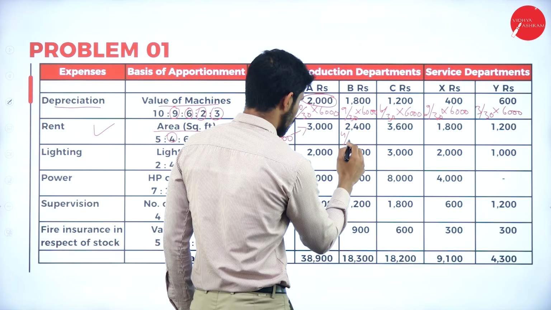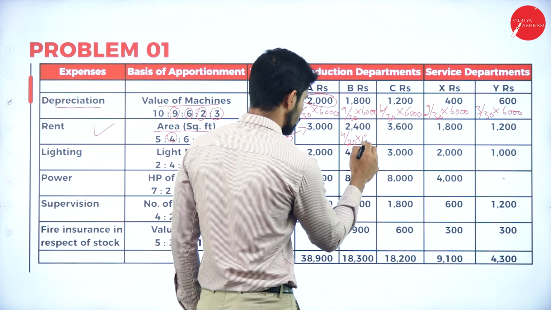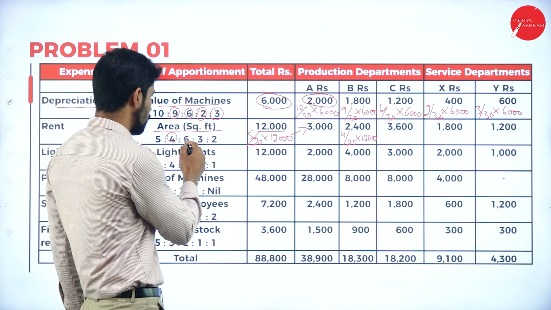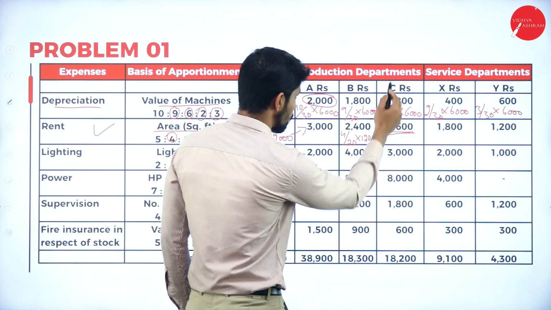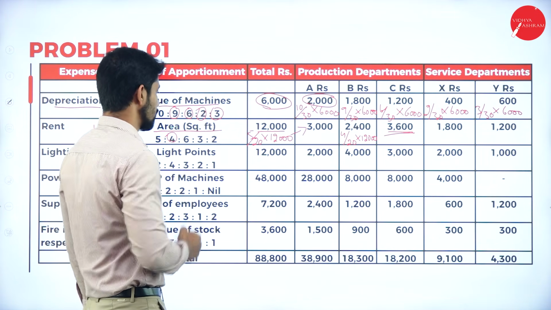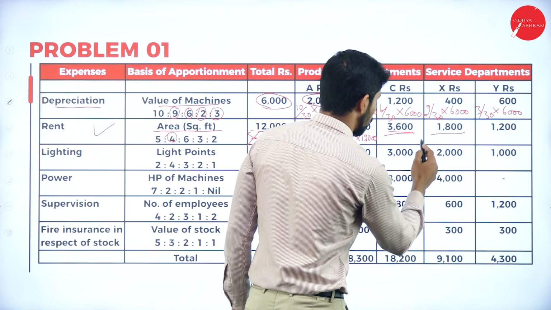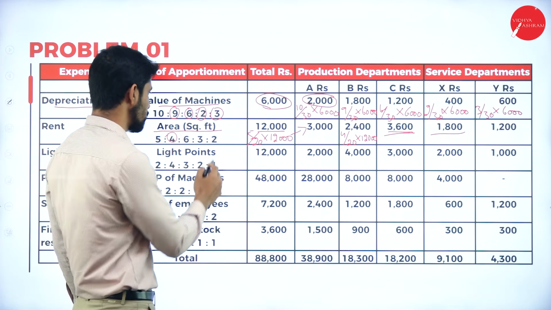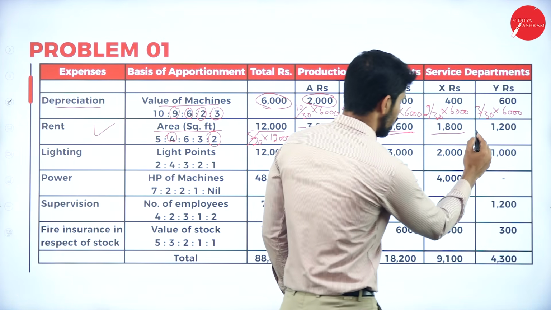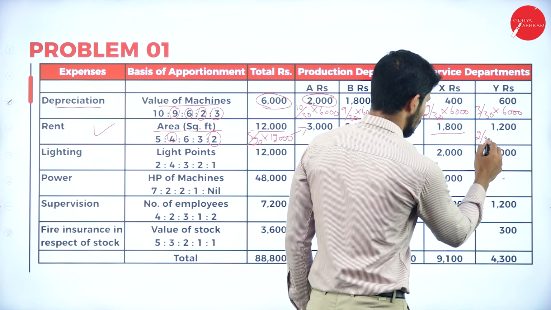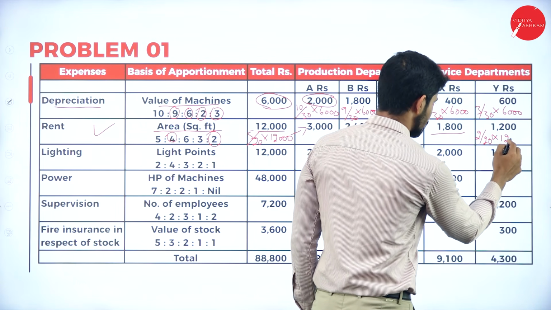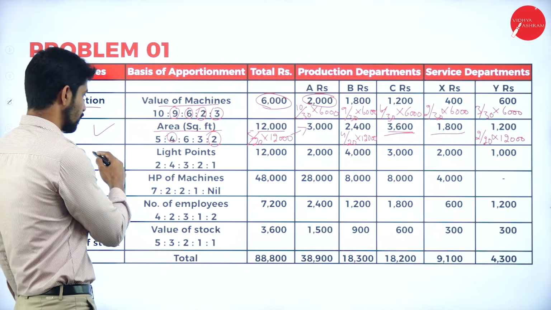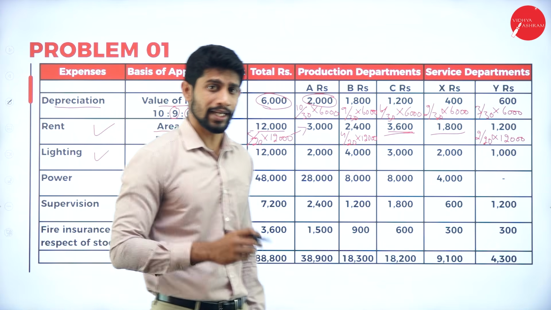So 4 divided by 20 into 12,000 is 2,400. Computing the same for 6, you'll get 3,600 for production department C. Service department X is 3, and for service department Y it is 2. So 2 divided by 20 into 12,000. Finished.